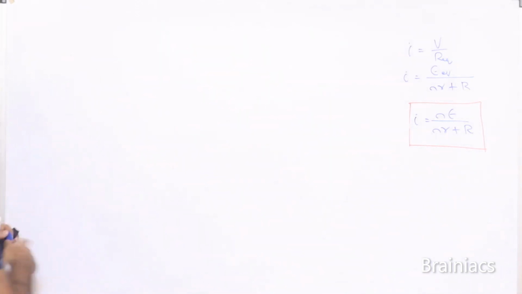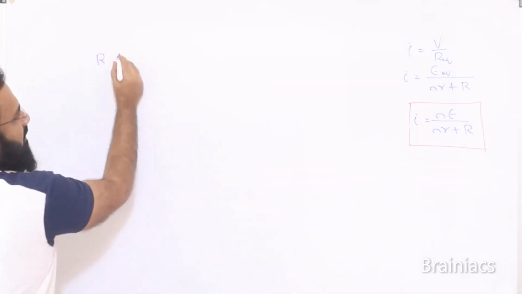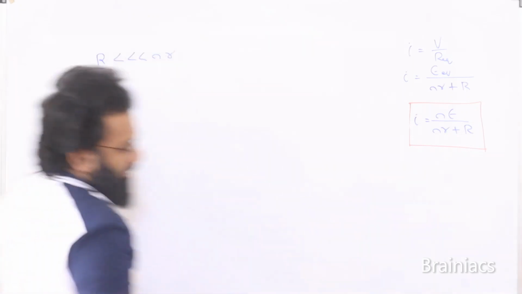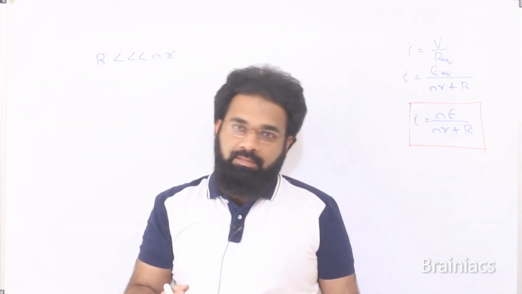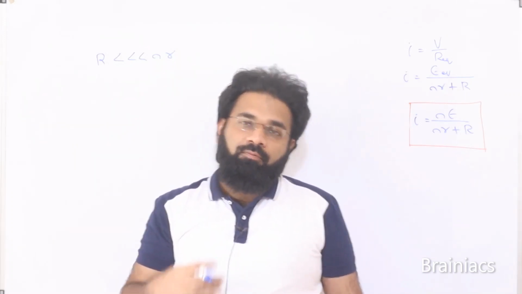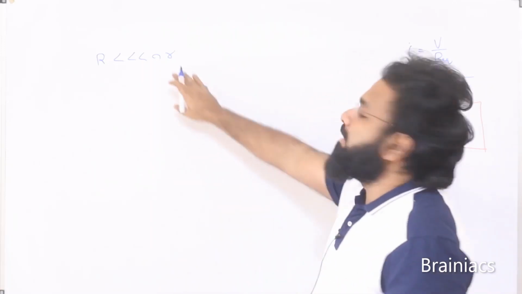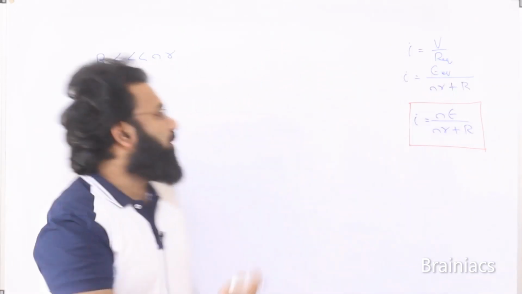Suppose this external resistance is very much less than the equivalent internal resistance. Suppose we are connecting a resistance to the circuit and that resistance is very much less than the internal resistance, in that case what can we do?